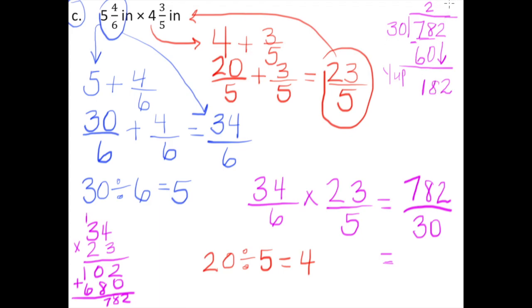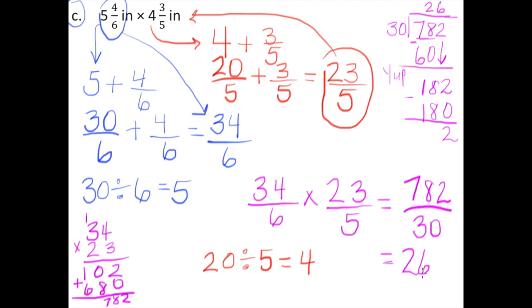We can fit 6 30s into 182 with some left over. 6 times 3 is 18, but that's not a 3, it's a 30. So 6 times 30 is 180. What is the difference here? It is 2.